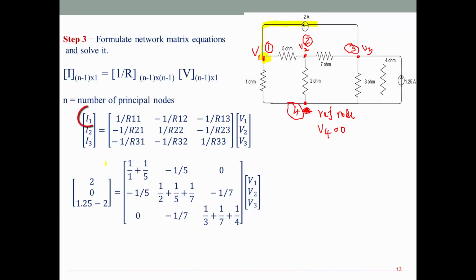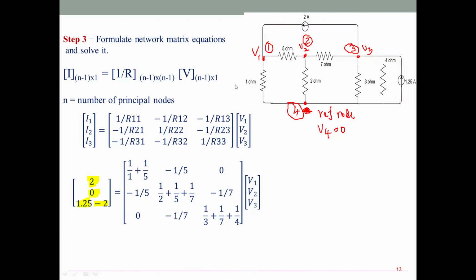I1, 2 amps towards the node, so plus 2. Moving to node number 2, there is no current source connected, so make it 0. Then node number 3, 1.25 amps towards the node, plus 1.25, and 2 amps away from the node, hence minus 2 amps. So the current vector has been filled.